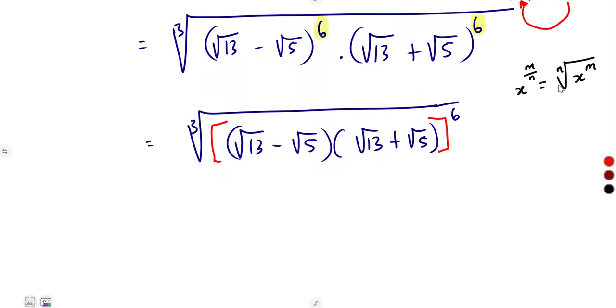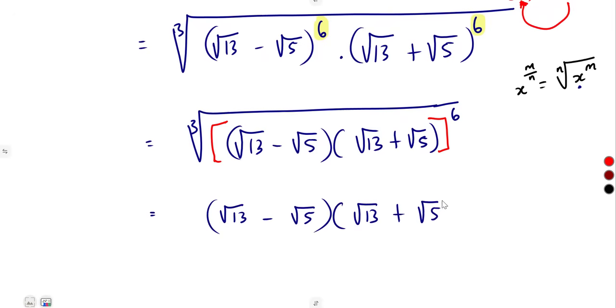So we can rewrite this by taking this whole part as it is, these two brackets, as our x: the square root of 13 minus the square root of 5 under a product times the square root of 13 plus the square root of 5, raised to the exponent of m over n, where m is the exponent, our exponent 6, and n is the number that was inside the root sign.